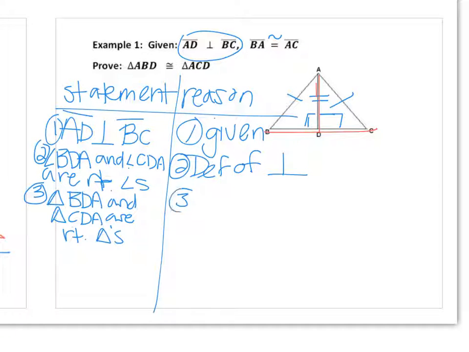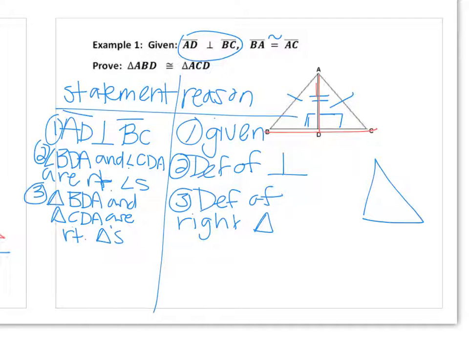And the reason would be definition of right triangle. Think about that. If you have a right angle in a triangle picture, isn't that a right triangle? So that's the definition of right triangles.